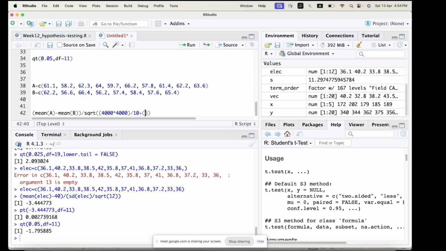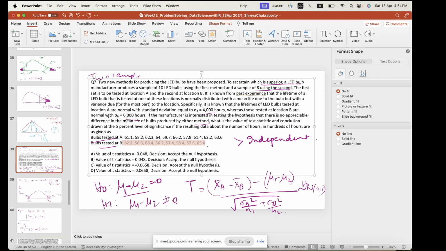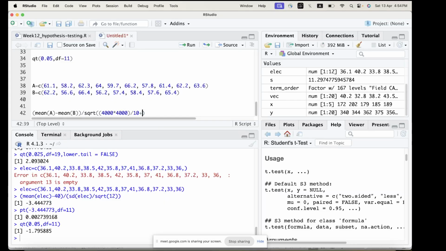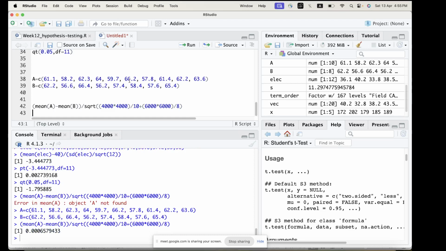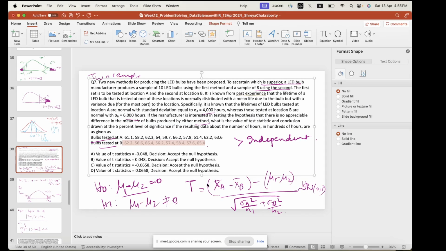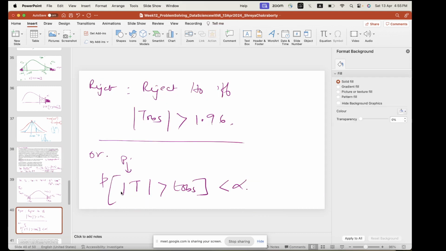plus 6000 into 6000 divided by 8. So this is 0.00065.